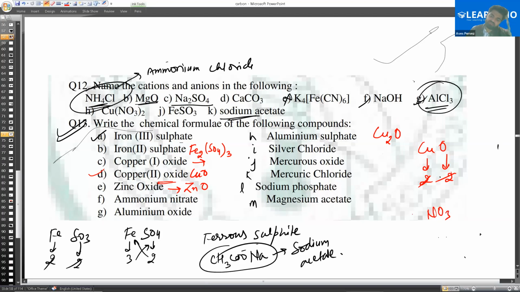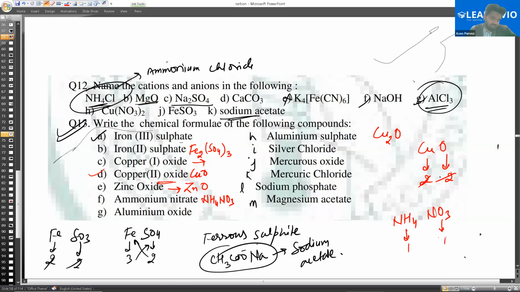NO3 is the nitrate ion, and ammonium is NH4. So both the ammonium and nitrate ions have 1 valency. It will be ammonium nitrate, NH4NO3.